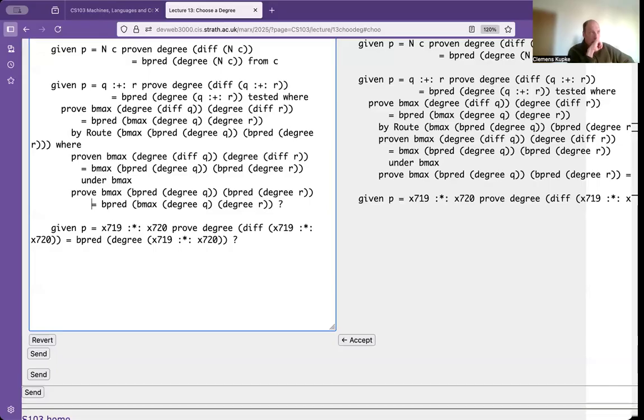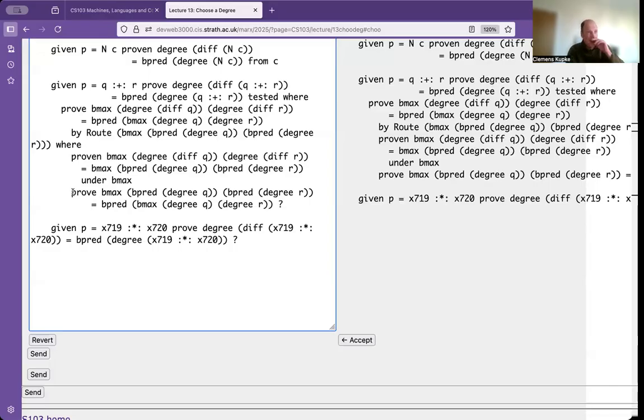That's to say, we want to investigate the possibilities for the output of degree. That's what we're going to need to make progress. And at the moment, all our goal lets us fiddle with is the input to degree. So it's really tricky to figure out how to make degree Q split into bot or num by just looking at Q. It's not impossible, but it's somewhat indirect.